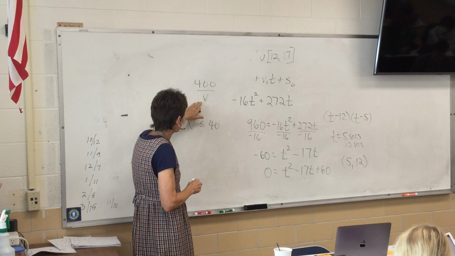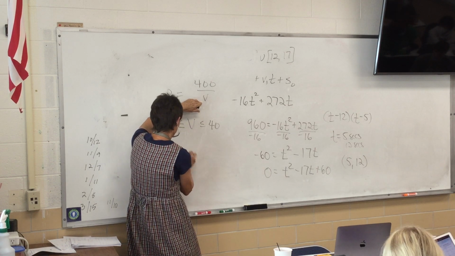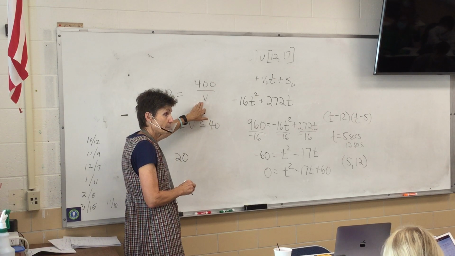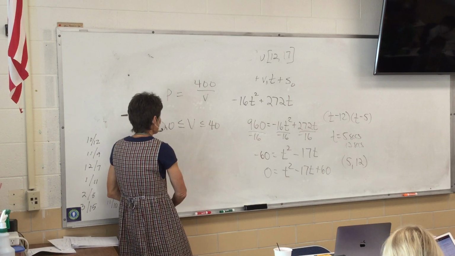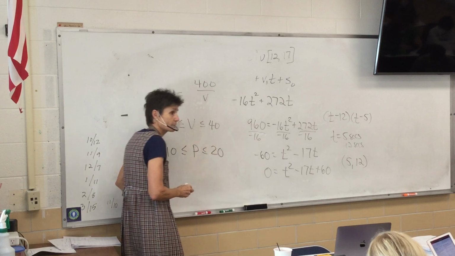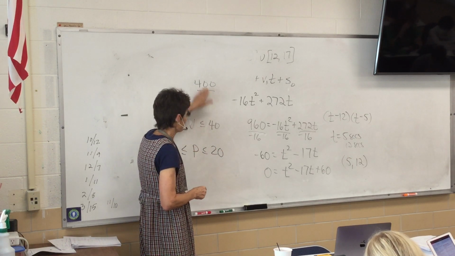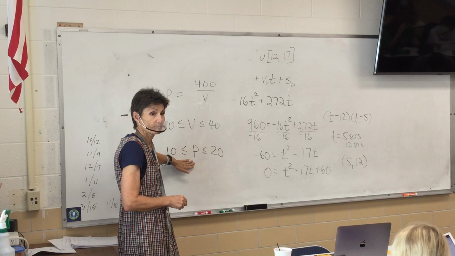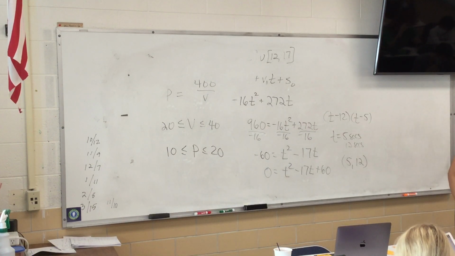So what's 400 divided by 20? 20. So we got 20 on one end, and then we put 40 in. That's 10. So I got to turn the order around. My P's are going to range from 10 to 20. If these are my V's, then these will be the corresponding P's. All right. What's next?